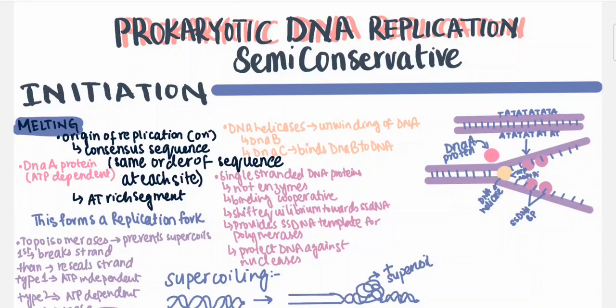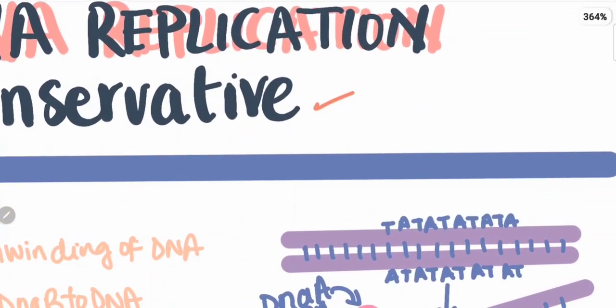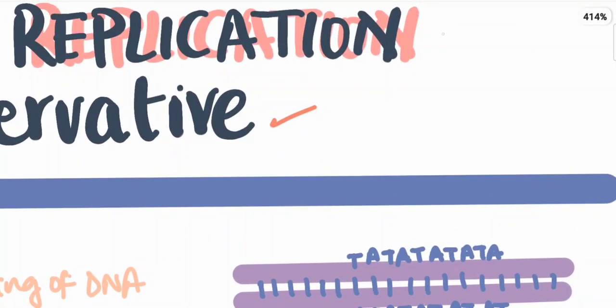So the first thing to note is that the prokaryotic DNA replication is semi-conservative. Now, what semi-conservative means is that we have a DNA molecule.